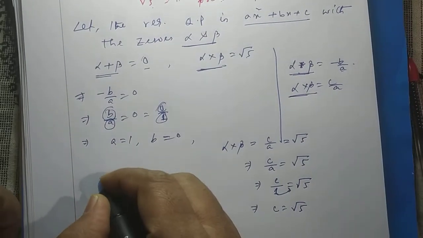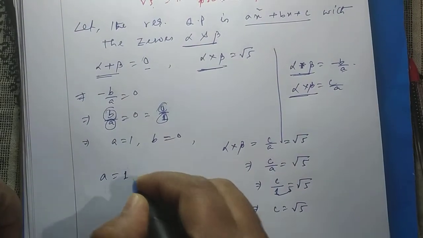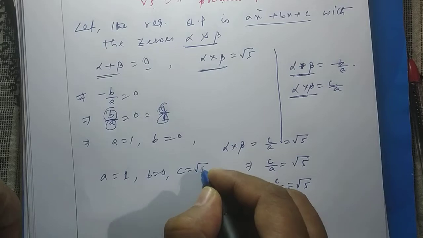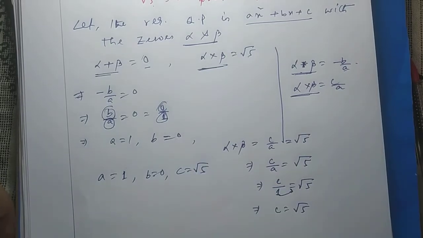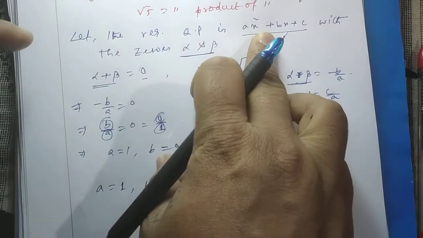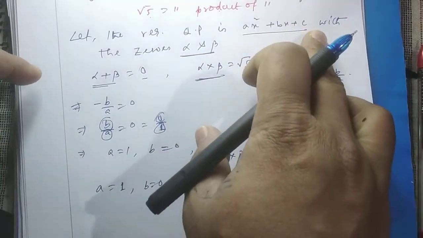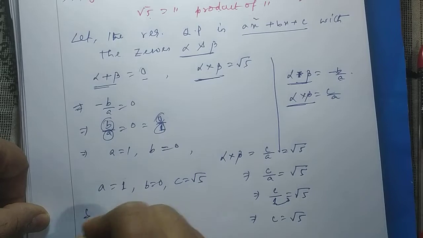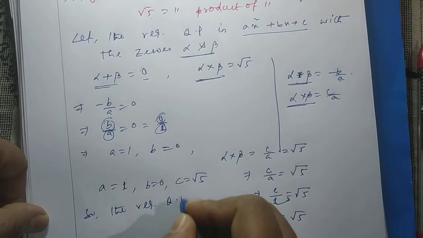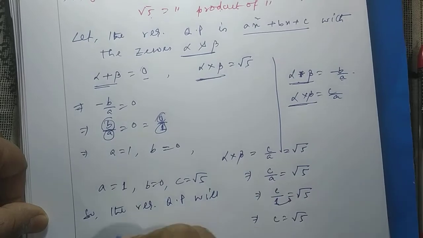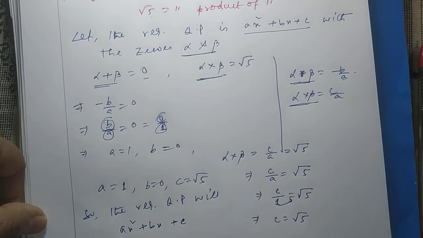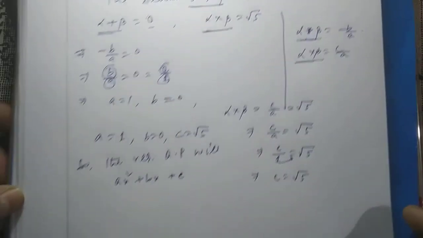So ultimately we got a equal to 1, b equal to 0 and c equal to root over 5. And we assumed the required polynomial is ax square plus bx plus c. So here the required quadratic polynomial will be ax square plus bx plus c, correct?